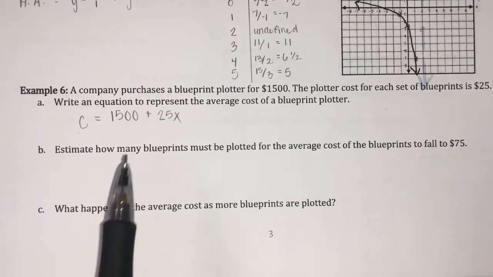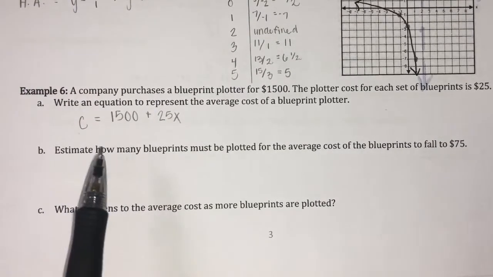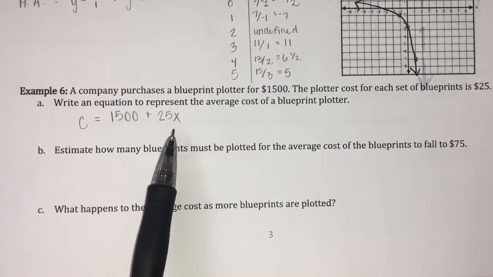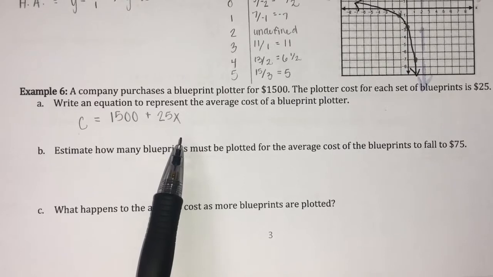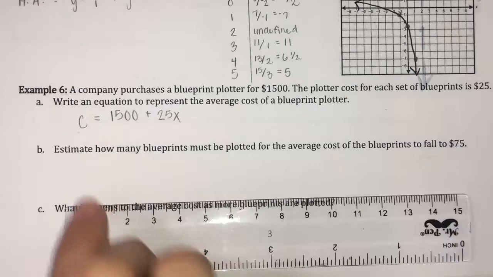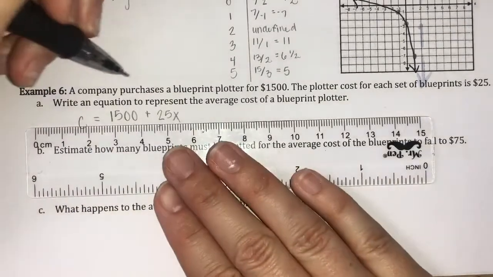So right now, this is the total cost that we're putting in all together. So we spend 1,500 on the plotter, and then we spend $25 per set. So that's how much we're spending all together. And then to find out the average per blueprint plotter, we have to divide by X. So divide by the amount of sets that we're printing.